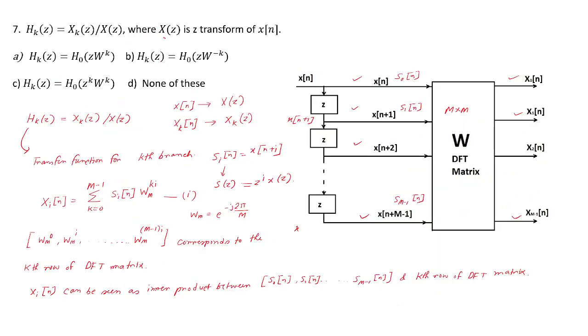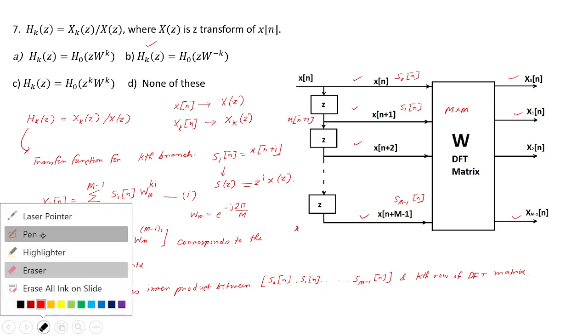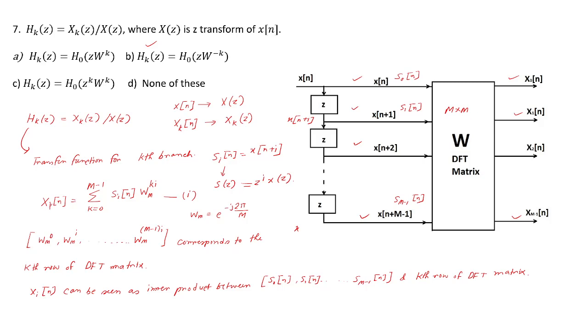Therefore the answer should be this one. And let me correct the error here also. It should be k, and it should run from i.